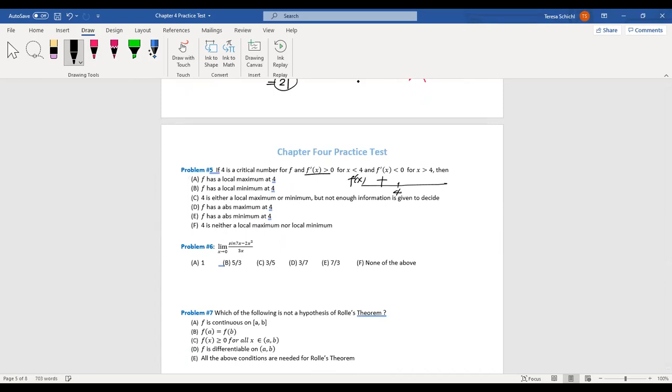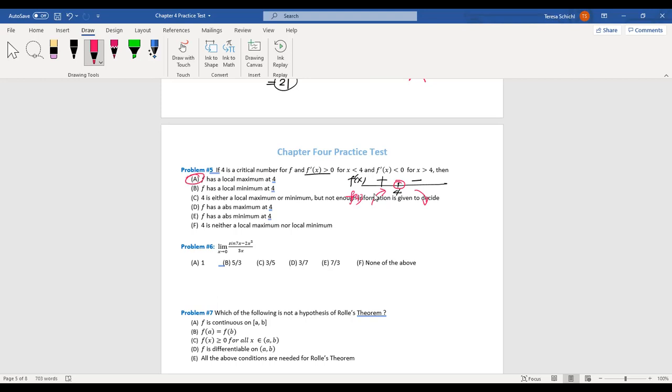And this is less than 0. So we know greater than 0 means increasing and less than 0 means decreasing, right? So your f function is increasing and then decreasing. So what do they say here? So we have a local max, right? So it will be a local max at x equal to 4.